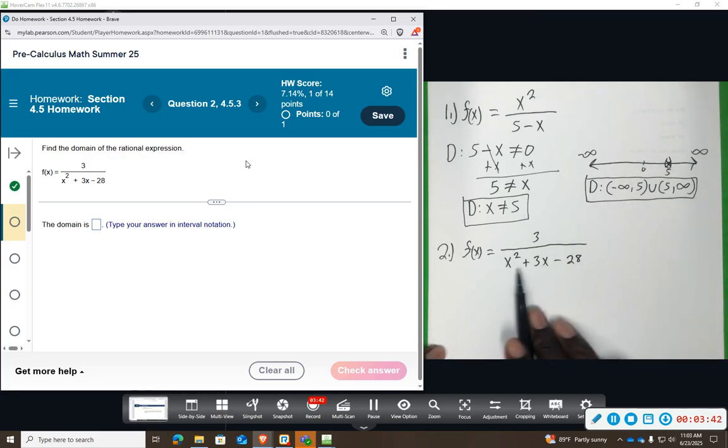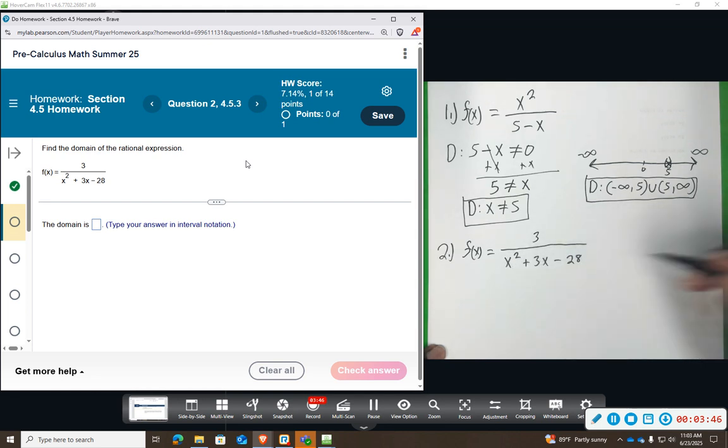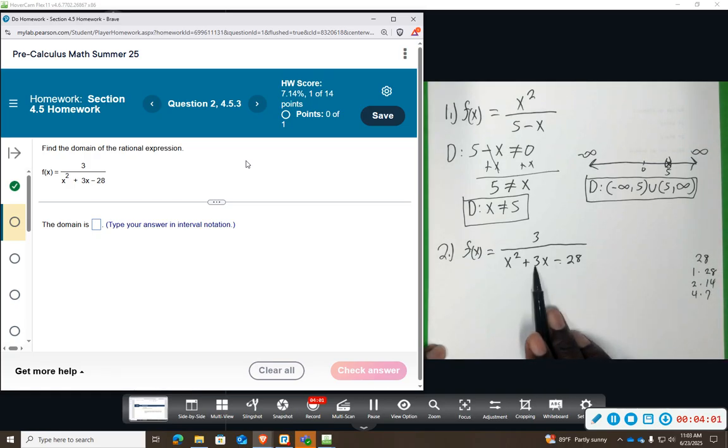Okay, so we're going to factor the denominator. 1 and 28. So I'm multiplying leading coefficient times 28, our constant term. I'm going to write the factors of 28: 1 and 28, 2 and 14, 4 and 7. I want factors that when I subtract will give me 3, and that will be 4 and 7, so that tells me it does factor.